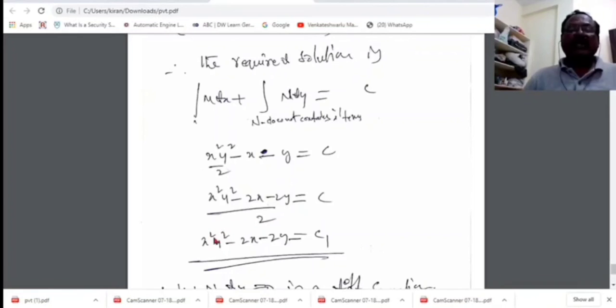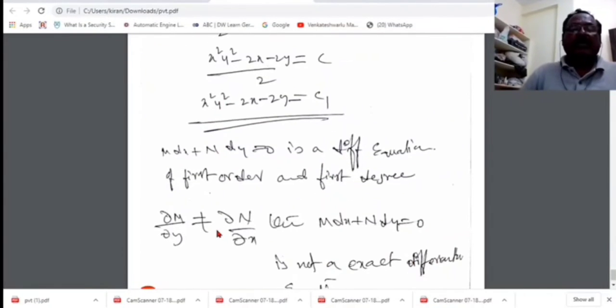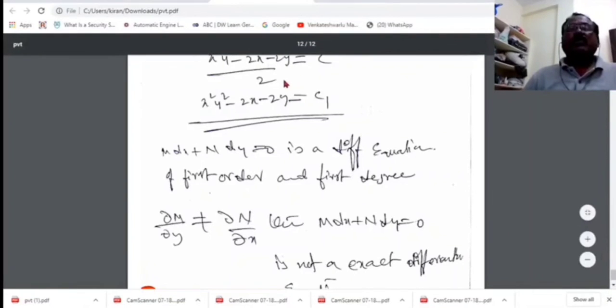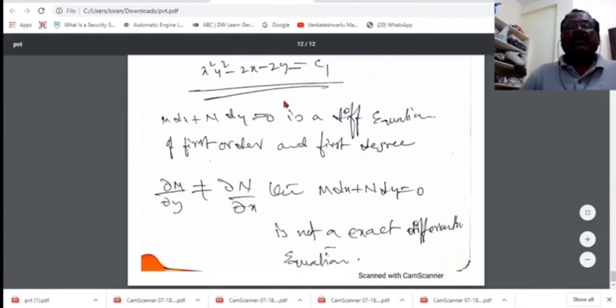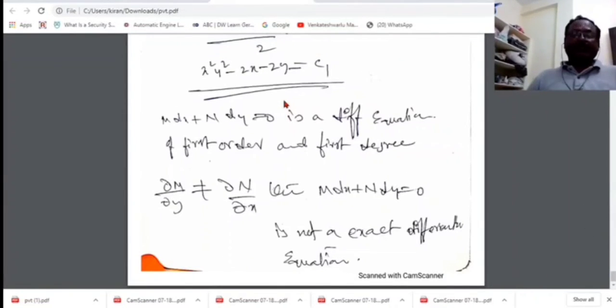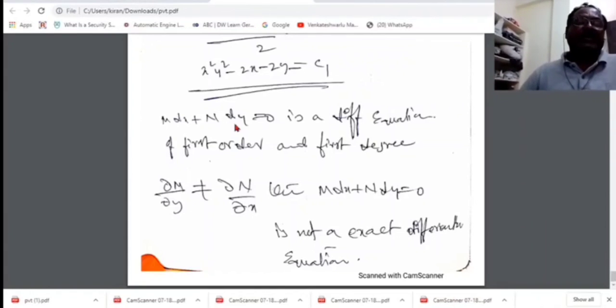After multiplication, x²y² minus 2x minus 2y is equal to 2c, that is equal to c1. This is the solving method of an exact differential equation. Every exact differential equation can be solved by this method.